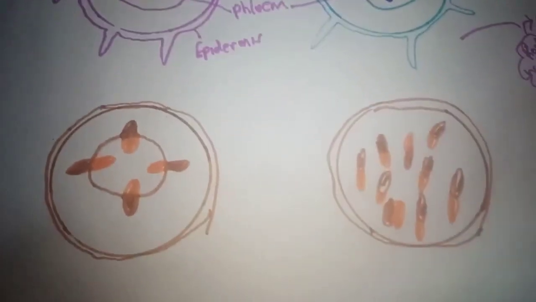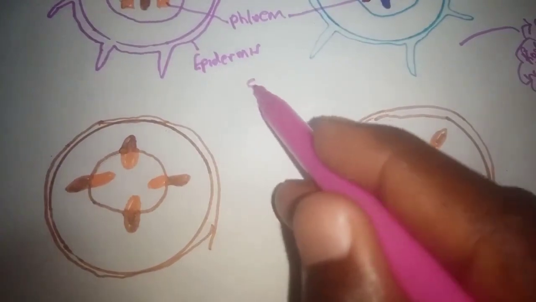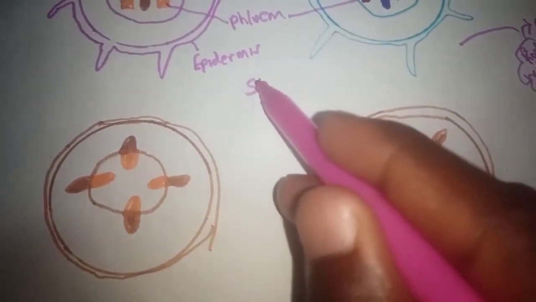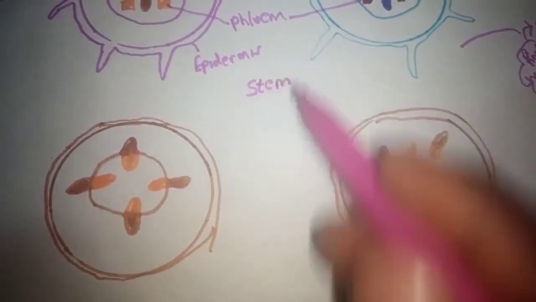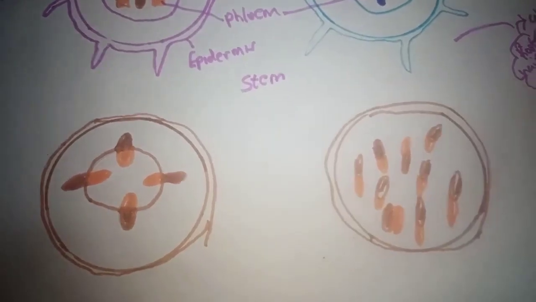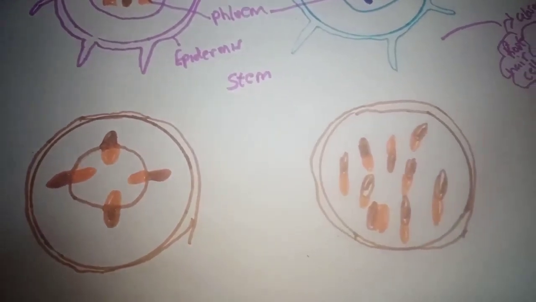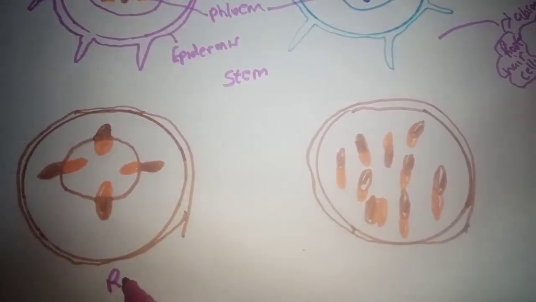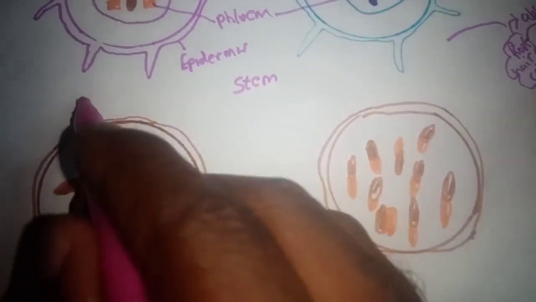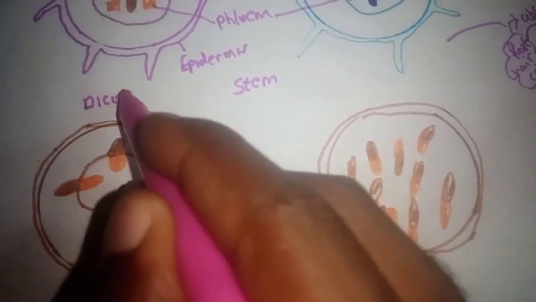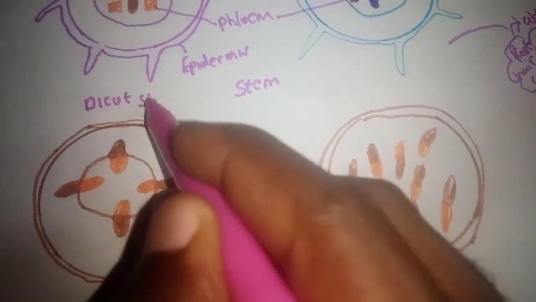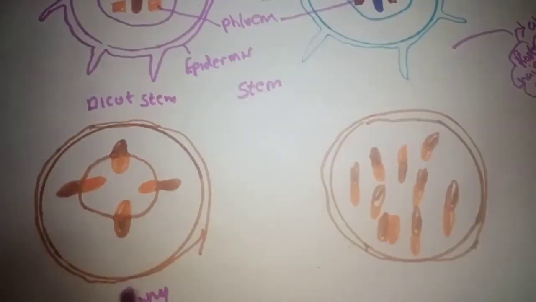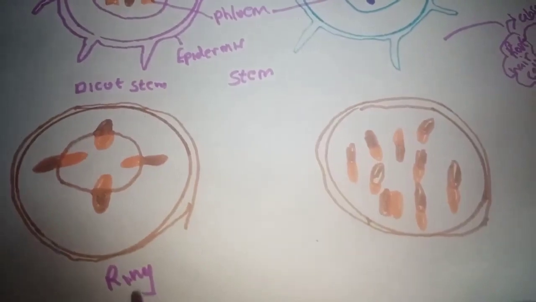Let's look at the other part, which is down. Here you notice we don't have any root hairs. So what does this tell us? This is a stem. Of course, when you see a ring, you know that this is a dicot stem. So a dicot stem has got a ring there.